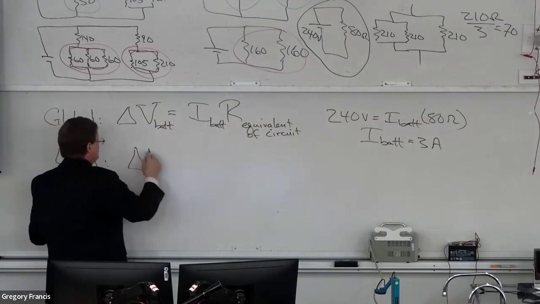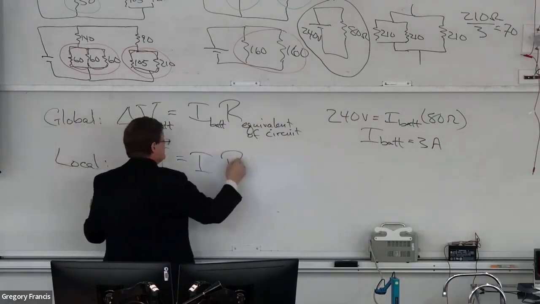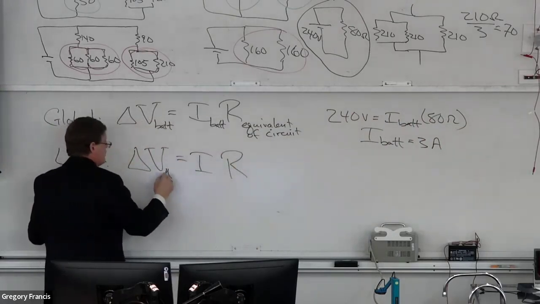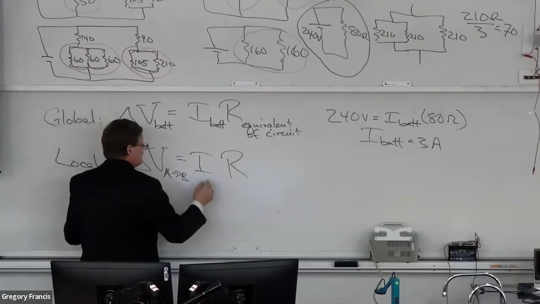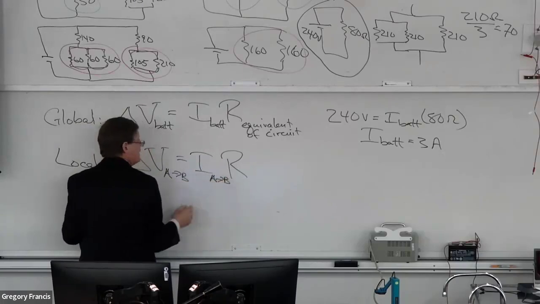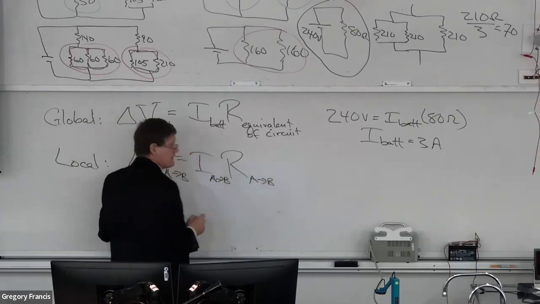And that is delta V equals IR. But this is from any point A to any point B. And I use the current that passes from A to B times the resistance that's between A and B. Okay?